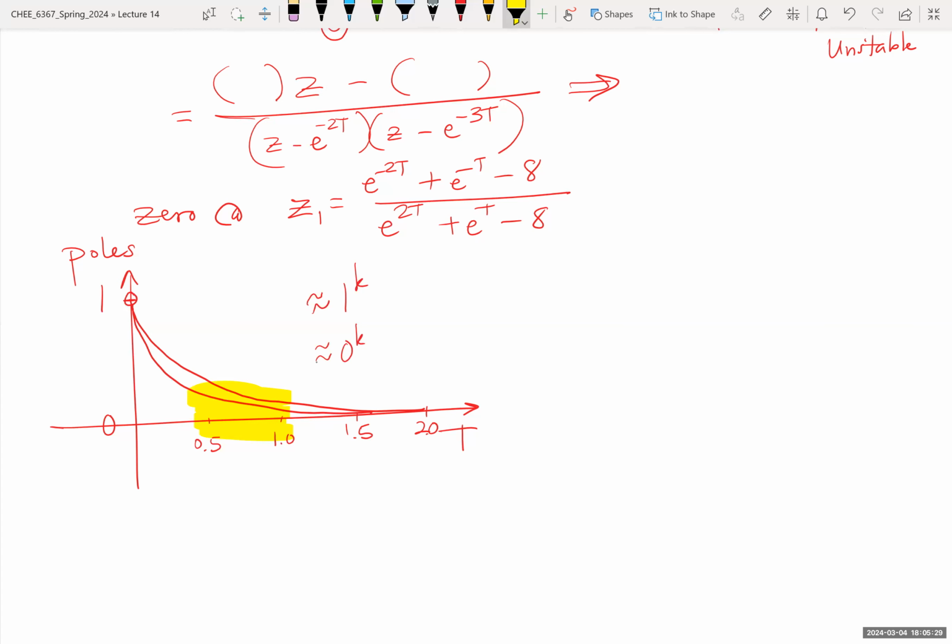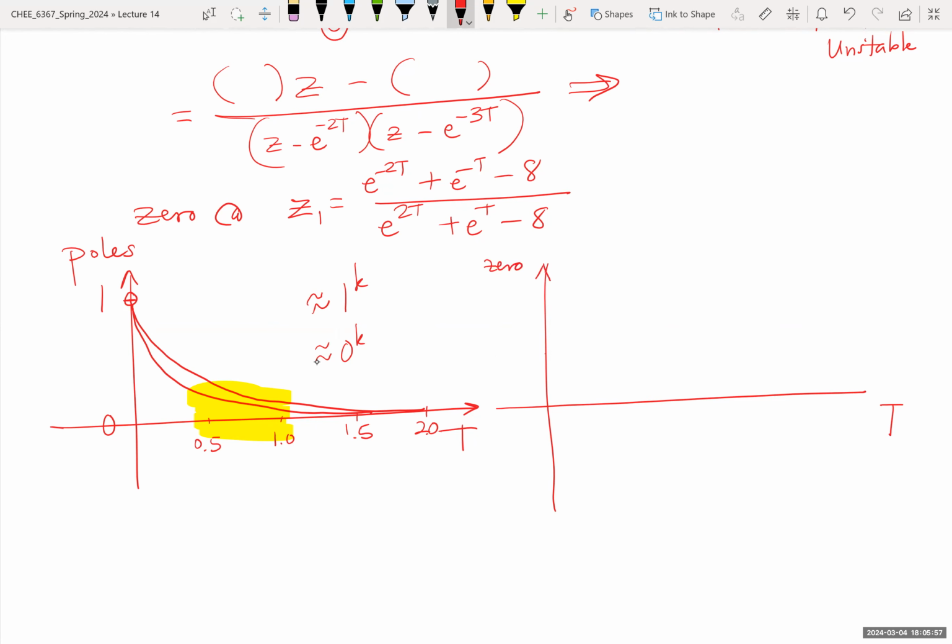It's very important. Things get even more interesting, even more exciting when I try to look at the zero of my system, because the zero of my system is as follows. This is t. This is the zero. Well, let me just call it zero.